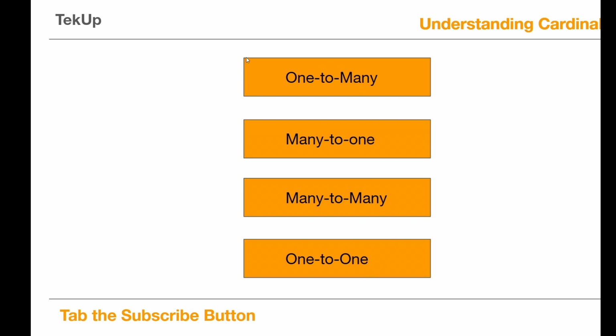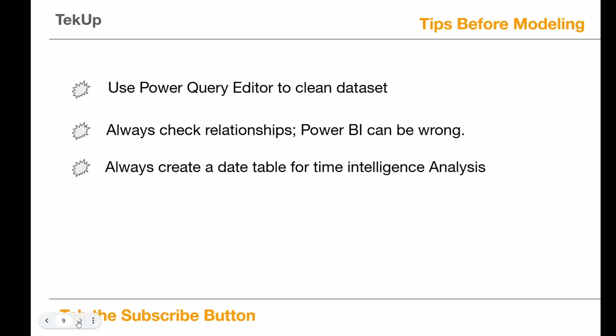Now, let's look at the tips we should know before going ahead to perform our data modeling. The number one important tip is that we should make sure we use the Power Query Editor to clean our data sets thoroughly. In the practical aspect of this tutorial, we are going to see how we use the Power Query Editor to clean our data sets thoroughly.